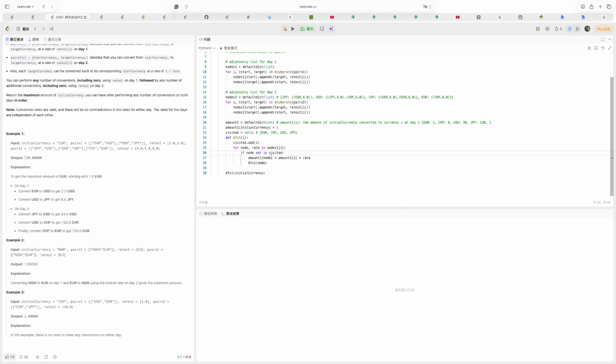So okay, USD is already visited, so we will not do anything, and then we'll return. Then the USD part will have CHF. CHF is already visited, and we will return. CHF will have euros. Since euros we have already visited, so we will not change.